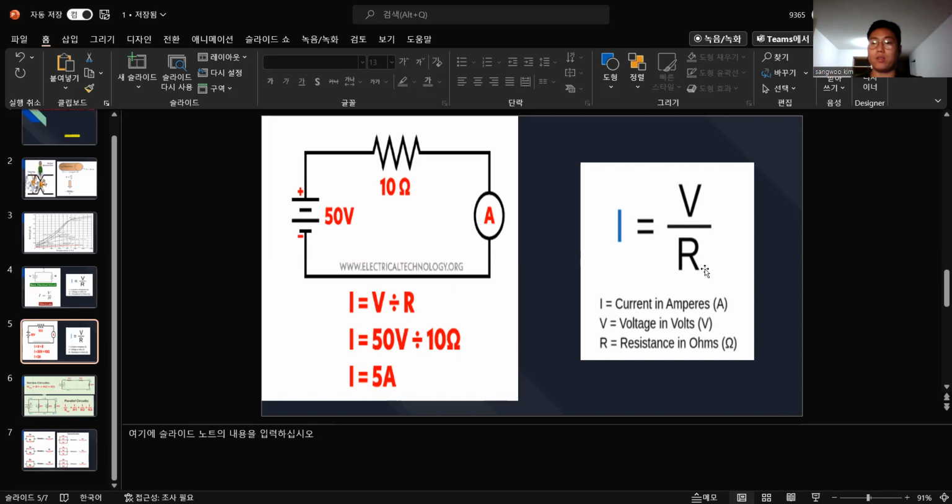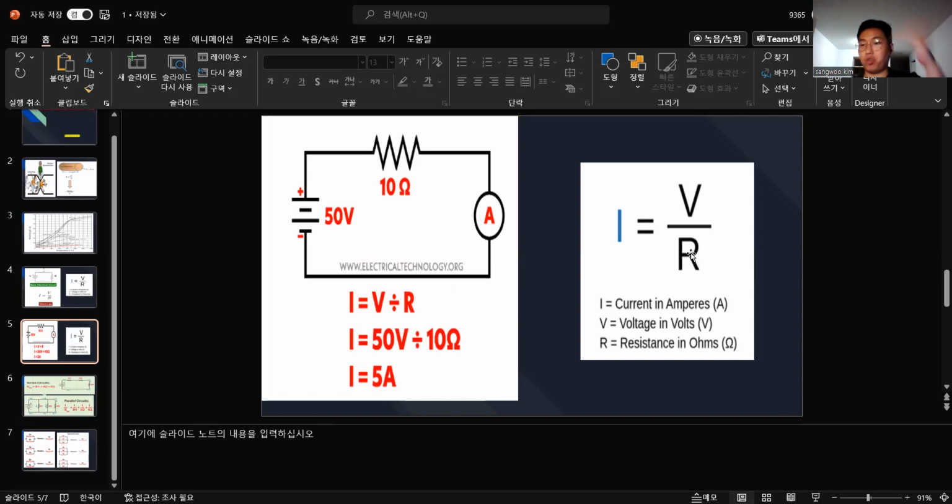So if we use more and more resistors, resistor meaning load, for example, one computer, then three computers, the total load resistance is reduced. What does that mean? V is constant and R is reduced, that's why I is increased.